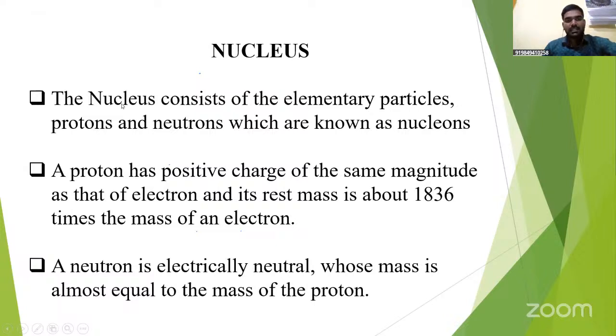Here we will indicate these masses by m suffix p and m suffix n, where m suffix p is the mass of a proton and m suffix small n is the mass of a neutron. The mass of the nucleus will be given with m suffix capital N, that is for the number of nucleons.